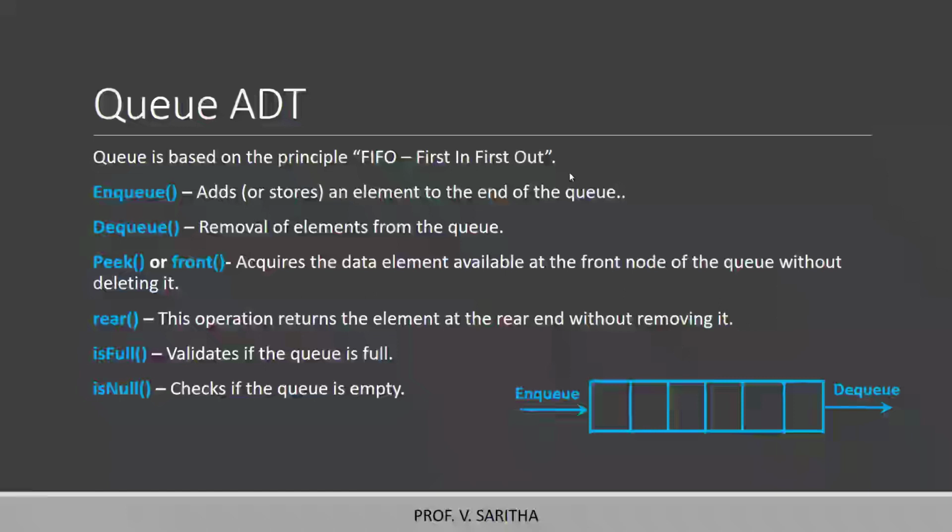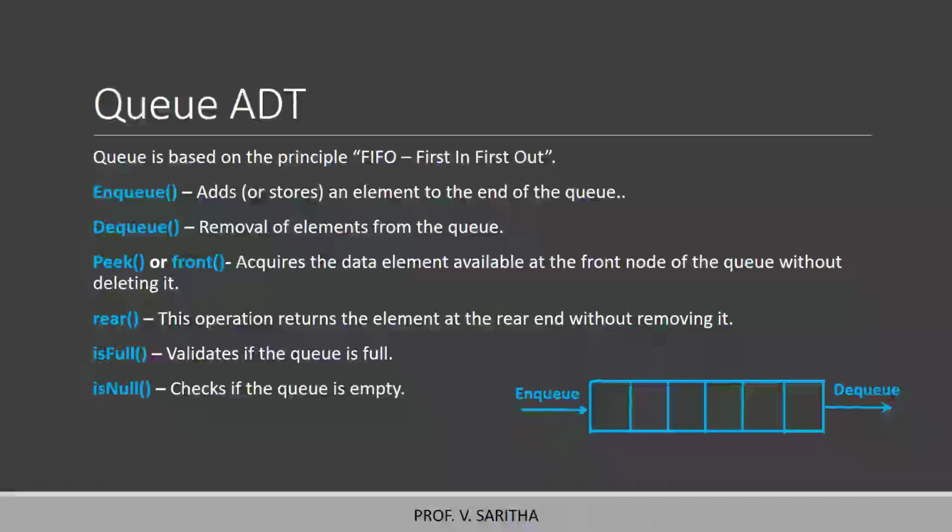The queue word is very familiar to all of us because wherever we go, we'll see queues, the people standing in a line. When you are going for ticket booking, whether it is a theater, bus station, railway station, then checking into the airport, immigration time, we will see this in many places.